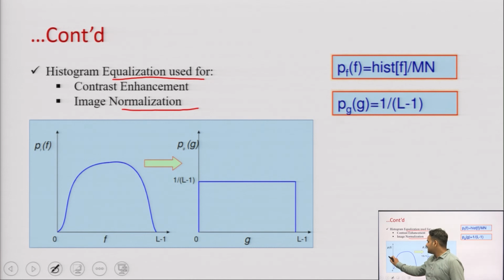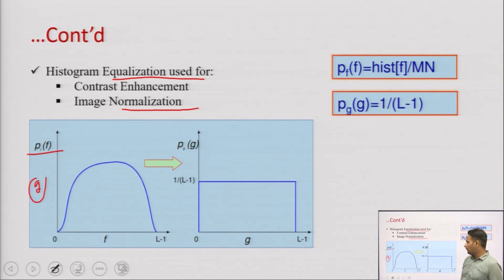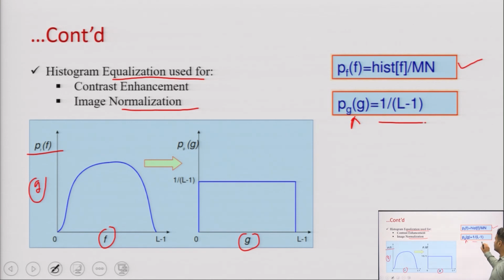If we have the function g with the probability function p of f, and the input image is f, then p of f is the histogram of f divided by m into n, and p g of g will become a straight line, because we are taking care of this rectangle, so that function is related to 1 upon L minus 1.